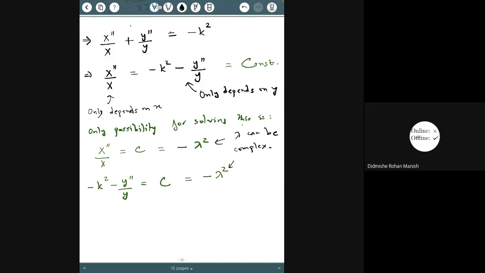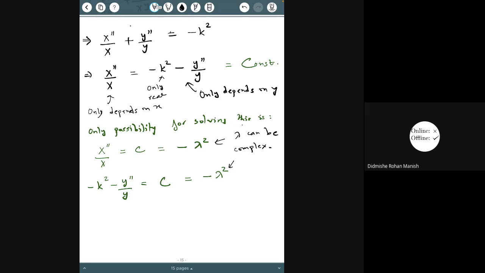Remember, k we had restricted to being real because k square must be positive. If I let k be complex, then there is no guarantee that k square is positive. So k can only be real. But here, this constant can be anything because we don't know what it is.